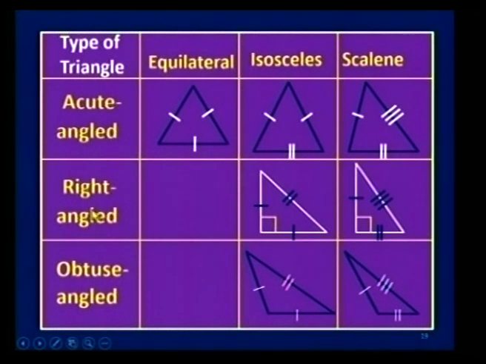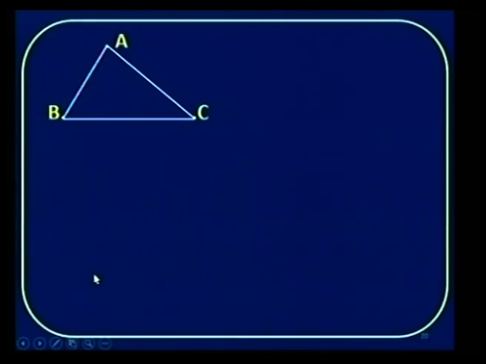At the same time, a right angle triangle cannot be equilateral. In the same way, an obtuse angle triangle cannot be equilateral, as well as an equilateral triangle cannot be obtuse angled. Okay, children, now observe the screen. We have a triangle with three line segments as sides 4 cm, 6 cm and 5 cm.